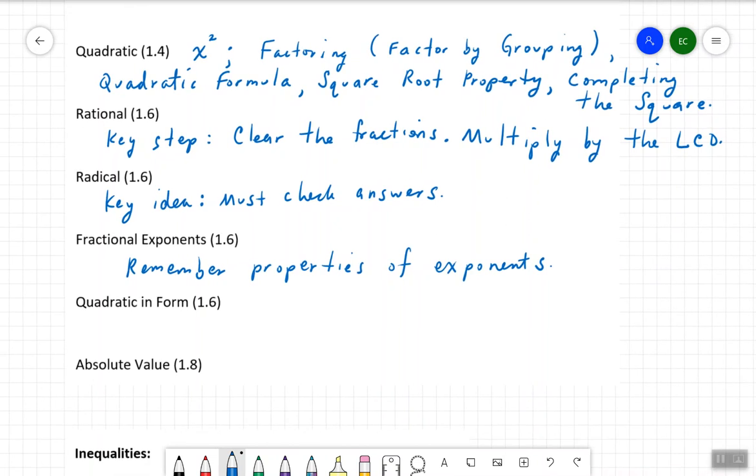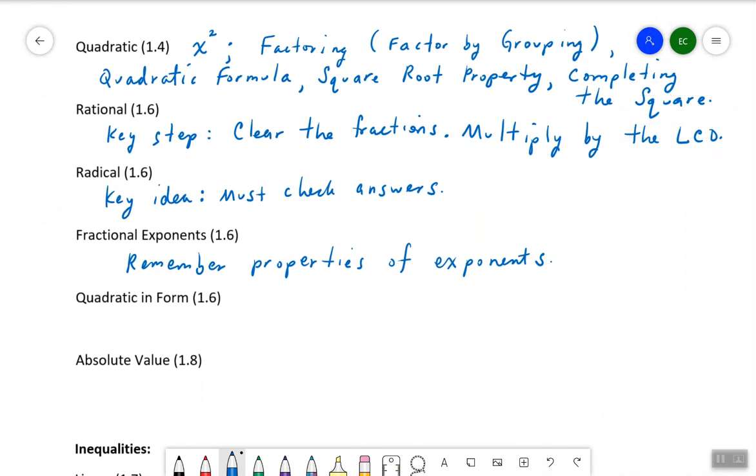And then quadratic in form. For an equation that was quadratic in form, we needed to make a substitution. And the substitutions that we made, for example, was something like let u equal x squared, and then u squared equals x to the fourth.